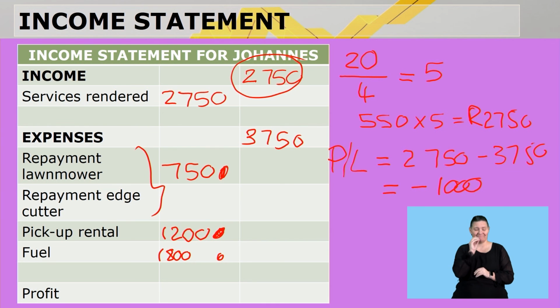Now, it's very important to remember that you never leave your answer as a negative. So we need to write it as a positive by saying, therefore, he's got a loss of 1,000 Rand.